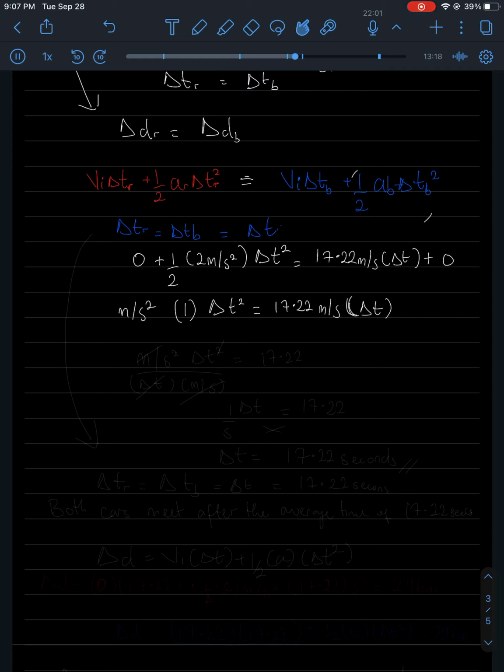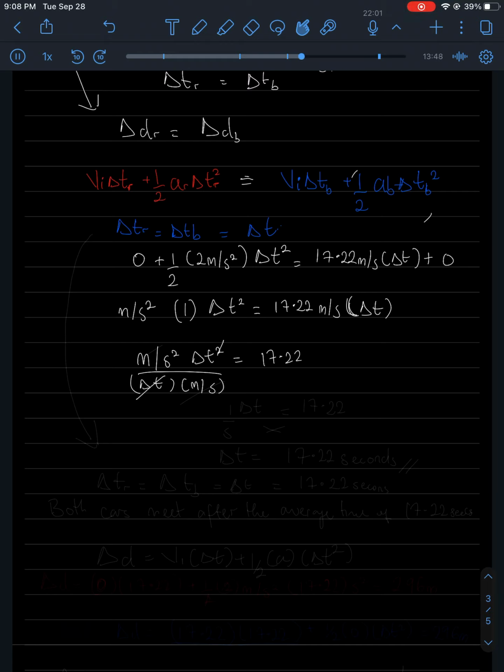Now if we divide both sides by delta t, and we also divide both sides by meters per second, we end up with this: meters per second squared, delta t squared is equal to 17.22 all over delta t meters per second. And what happens here?